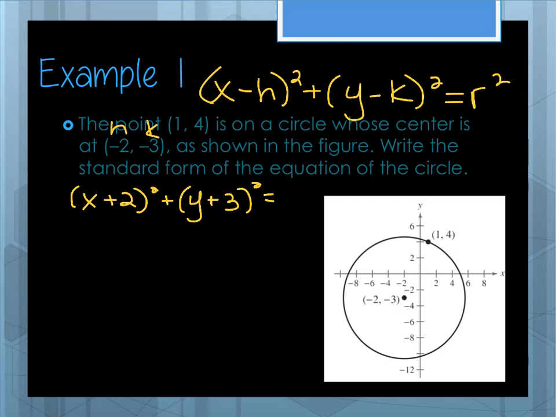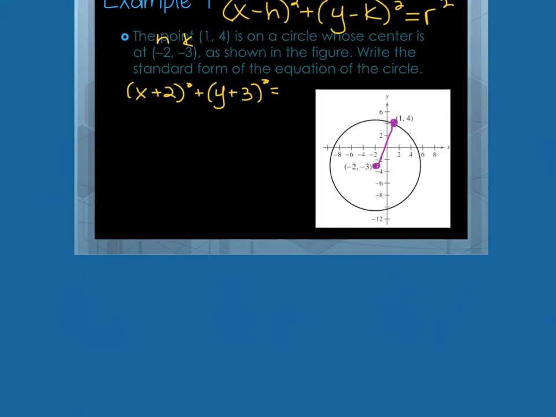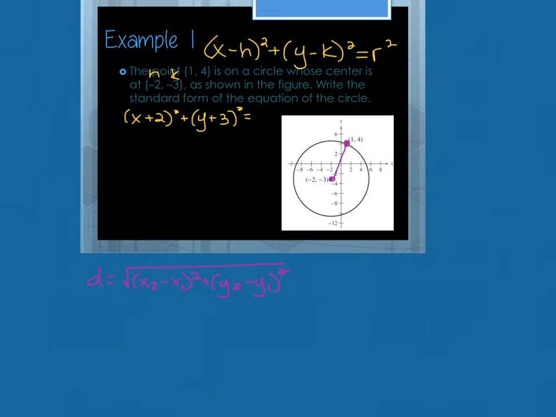There are a couple ways to find the radius. What's one way? Ashley: you could do the distance formula from the center to the point. Remember, the distance formula is the square root of (x2 minus x1) squared plus (y2 minus y1) squared. I can use either point as x, y or h, k, but you have to use both of them.